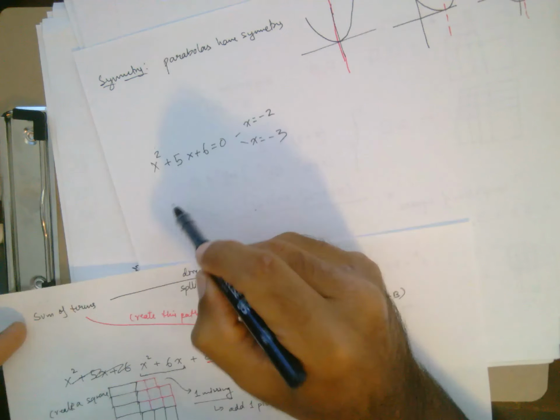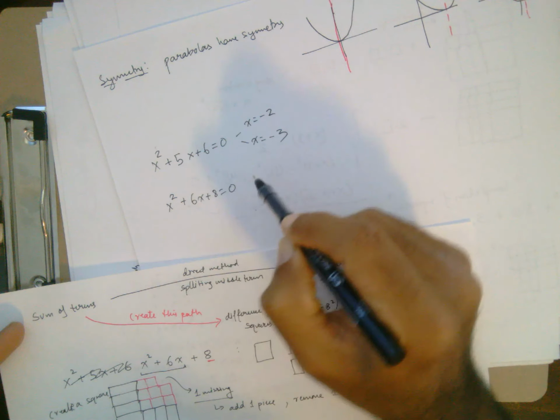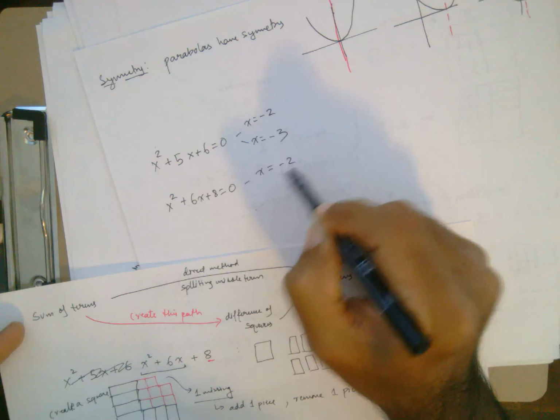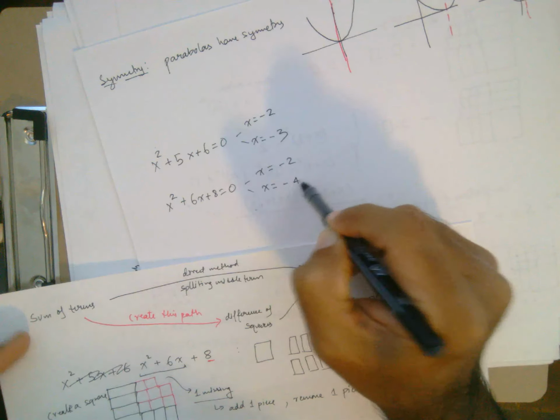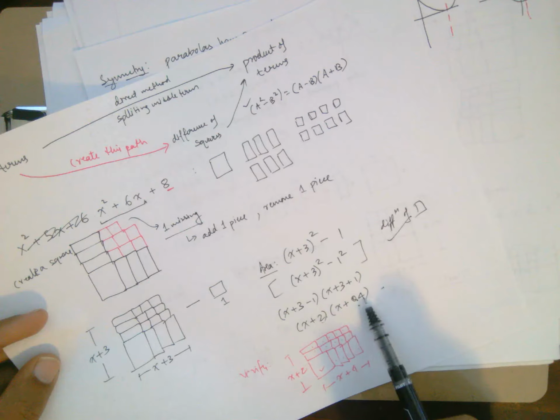Yeah, x squared plus 6x plus 8 equals 0 gave me x equals -2 and x equals -4. Because that was factored, so if this is 0, x is -2 and -4.